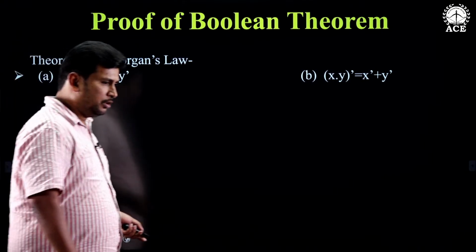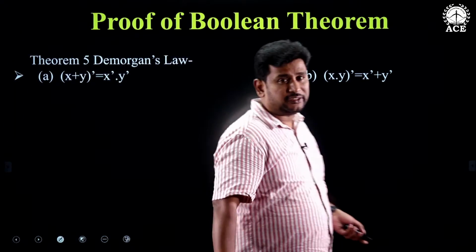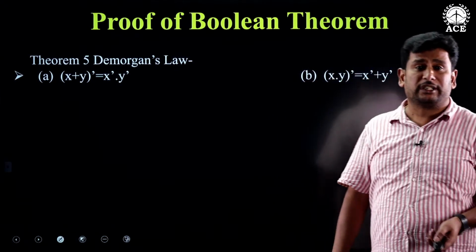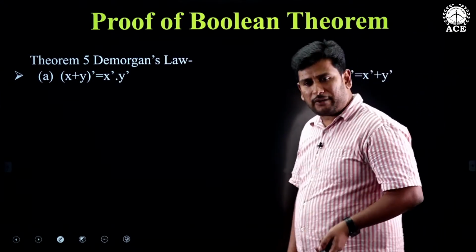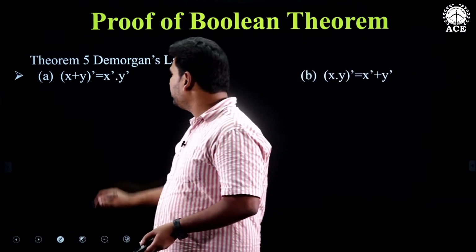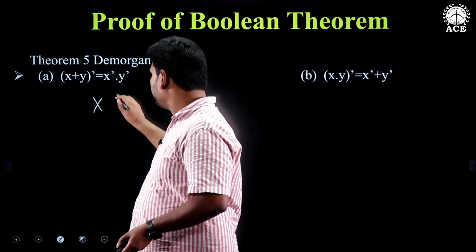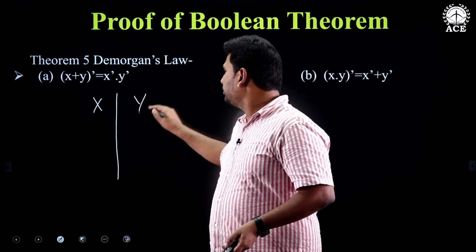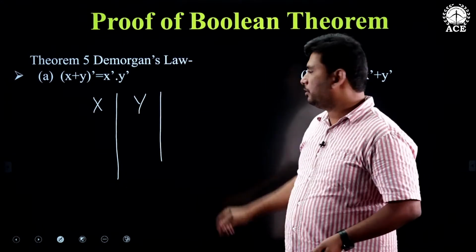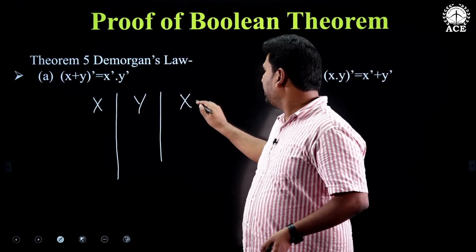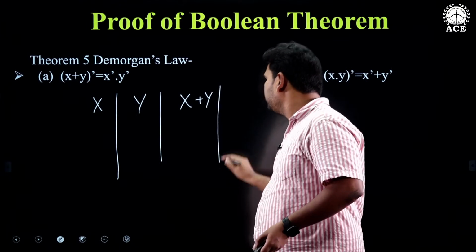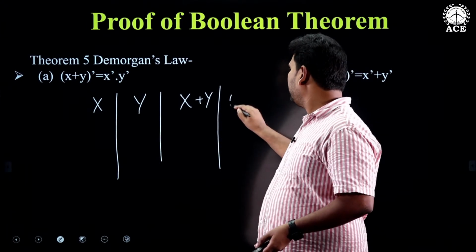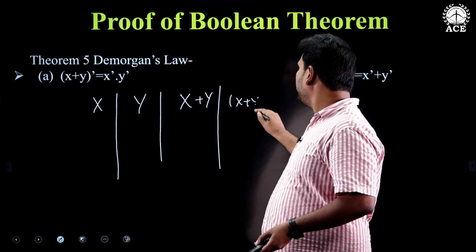Then you have De Morgan's law. As I said, this is the most important theorem which you have. So what you have to do is take x, take y, then calculate x OR with y and x OR with y whole complement.